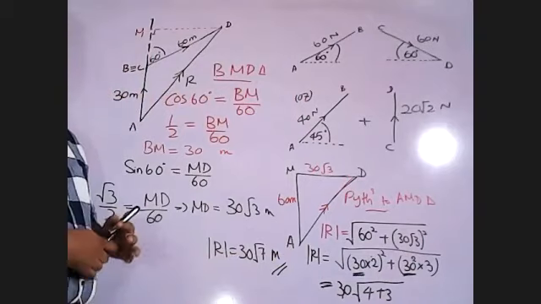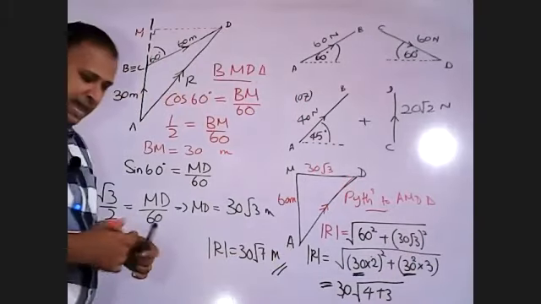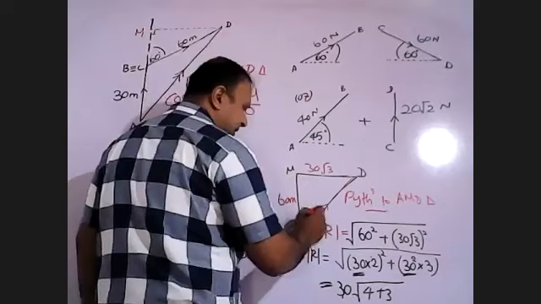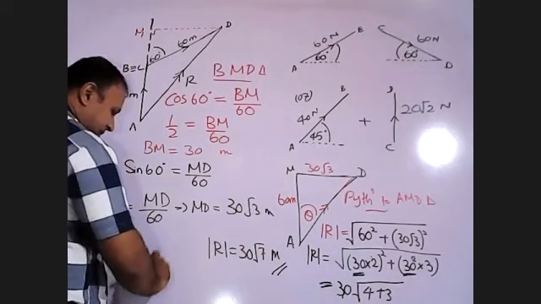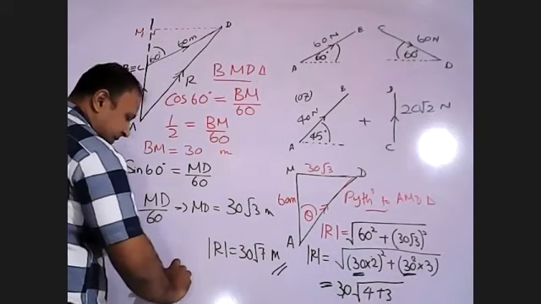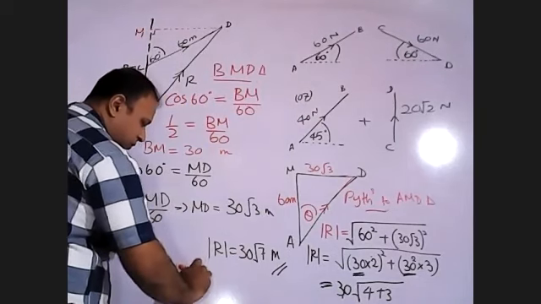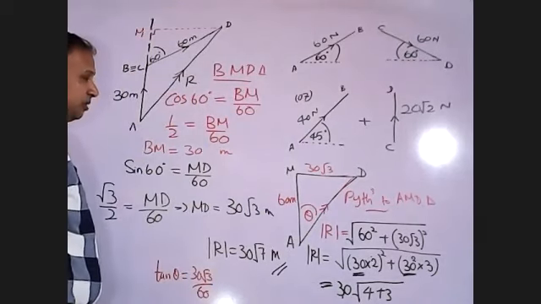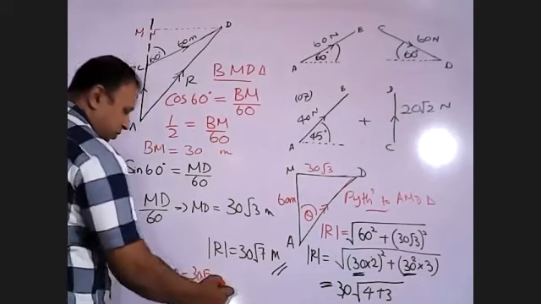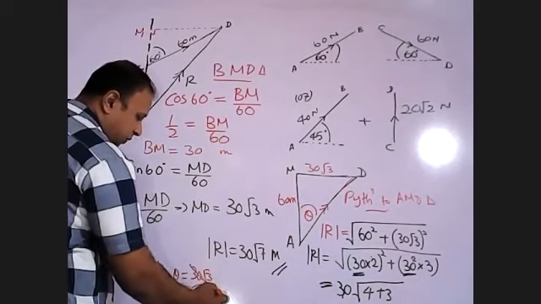Then the angle. This is the angle. So tan theta is equal to 30 root 3 over 60, which is root 3 over 2.